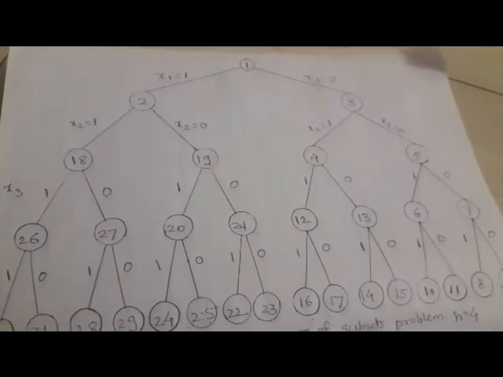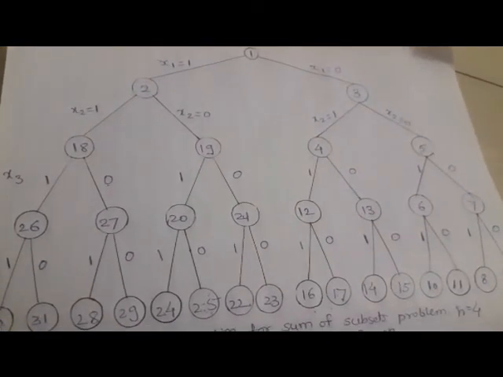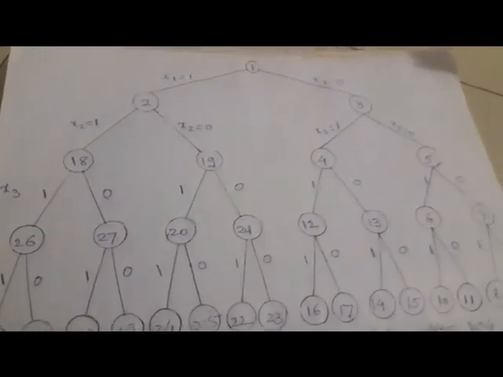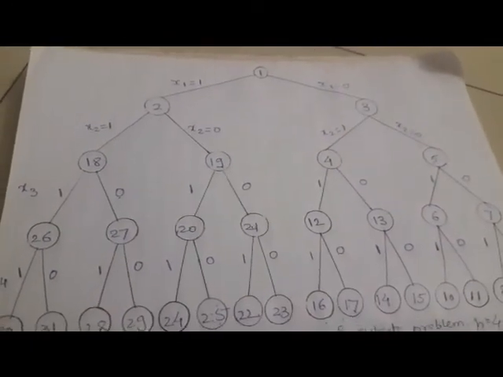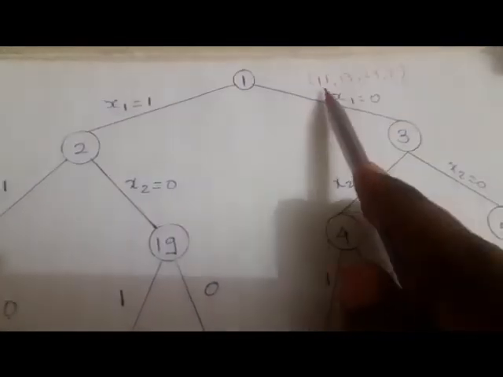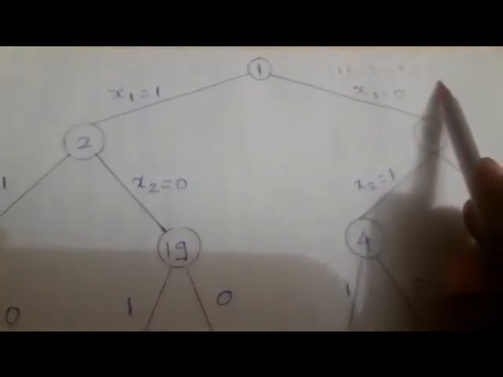So here again we have to find out the solution from this tree. So for that purpose we have to use its weight. So here for simplicity, here we have written its weight, that is 11, 13, 24 and 7.